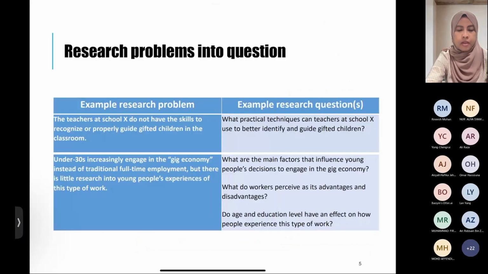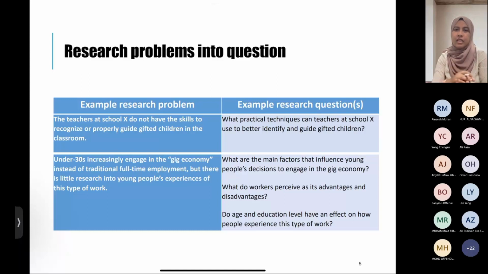Okay. All right. Let's look at the example of the difference between research problem and the research question. The first part. Generally, this is just a general example. The teachers at school X do not have the skill to recognize or properly guide gifted children in the classroom. So that's the problem.